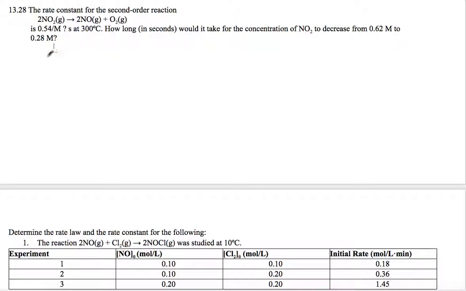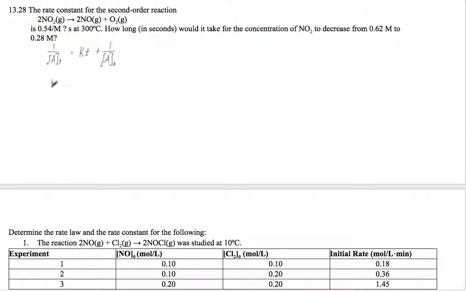So we have 1 over the concentration of reactant at some time is equal to the positive constant times time, plus 1 over the initial concentration of the reactant. So we have the rate constant, which is 0.54, and we have the concentration to start with and to end with. So all we're looking for is time.